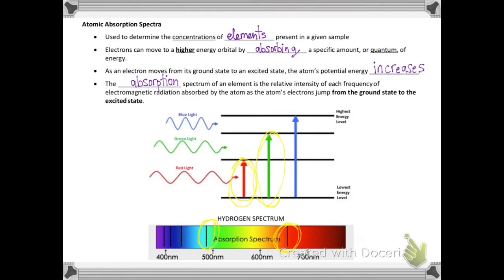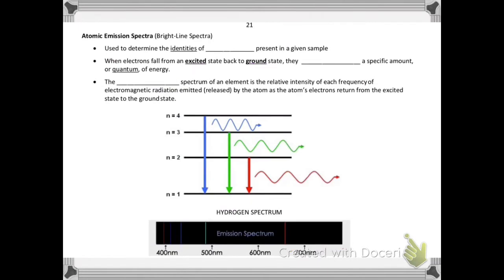Now, the opposite of a dark line spectrum, the absorption spectrum, is an emission spectrum, the bright line spectrum. This is also used to determine the identities of unknowns present in a given sample. But this time, it's when you have excited electrons falling back down to ground state. Well, when they do so, they release the energy they had gained, or emit it.